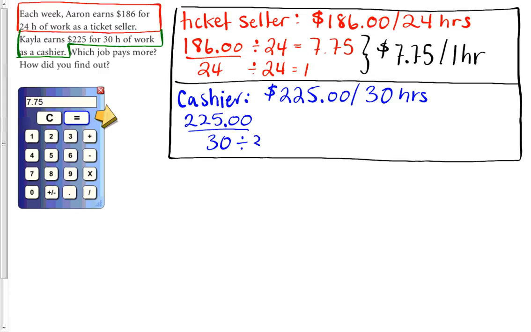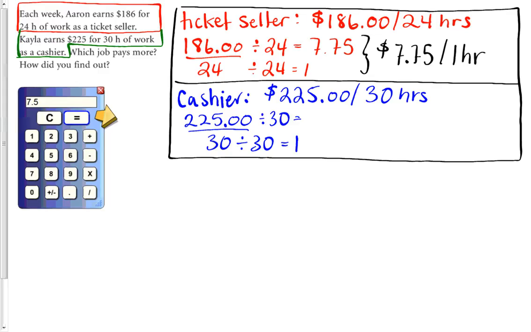Again, do our math to turn that second term into 1. And we're going to have to do the same up on the top. The answer, of course, won't be 1. Clear out our original question. 225.00 divided by 30 equals 7.5.